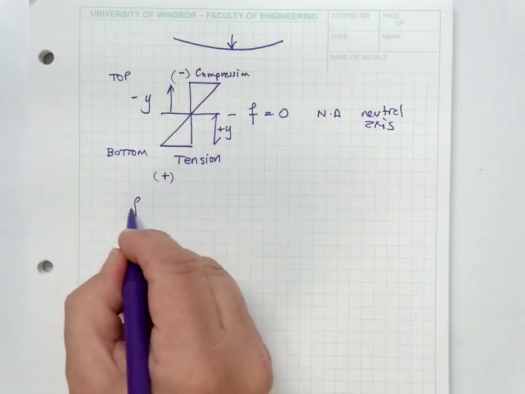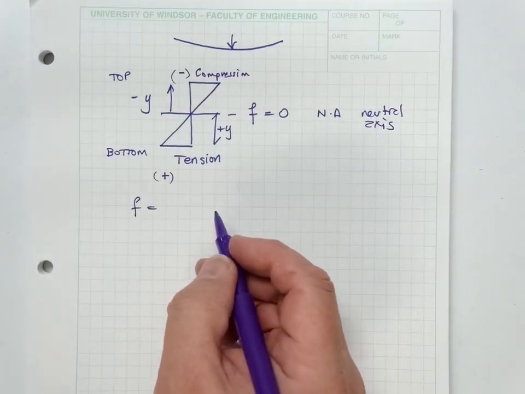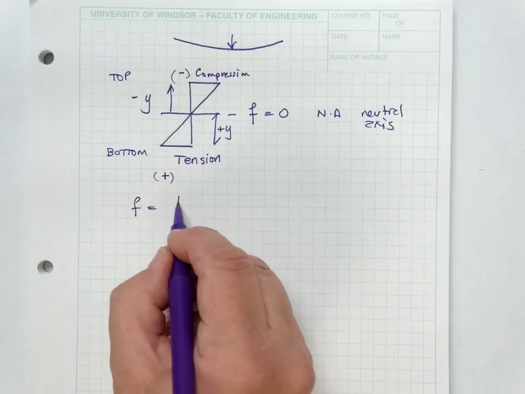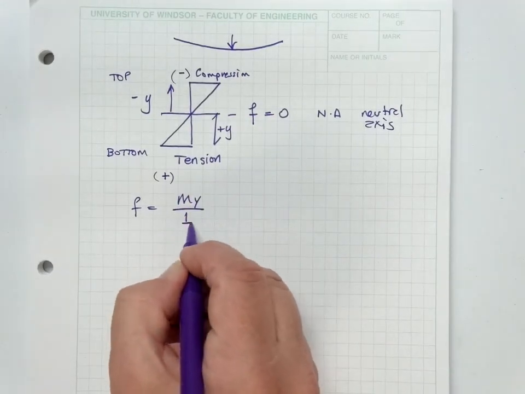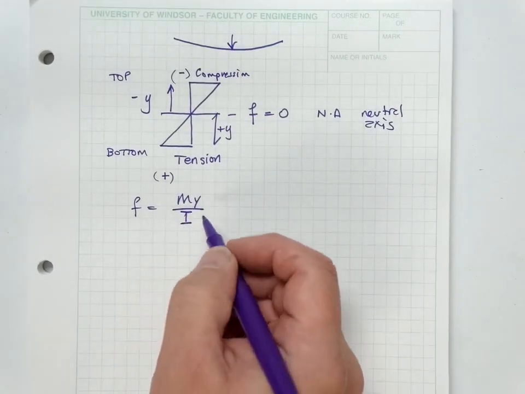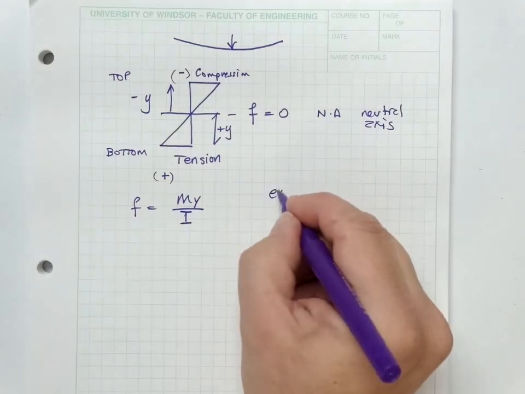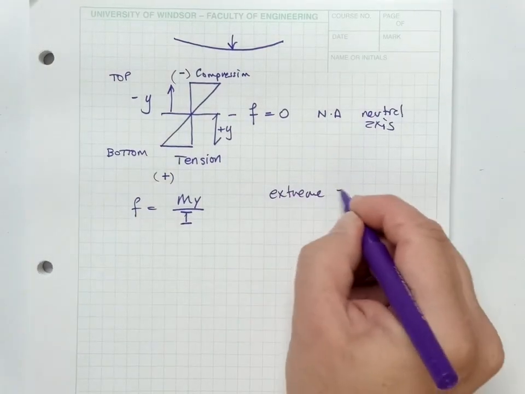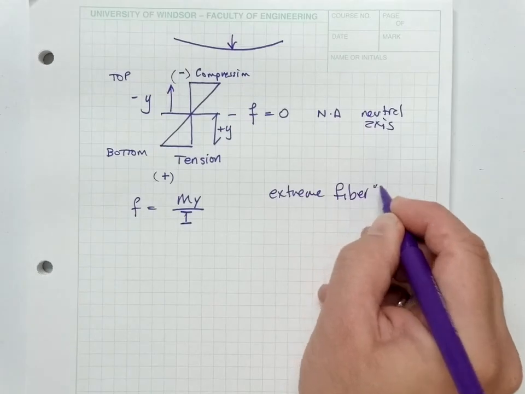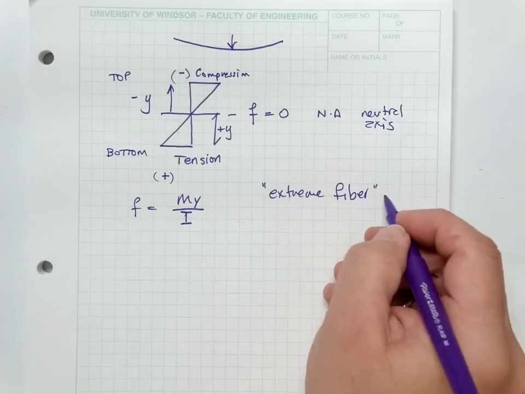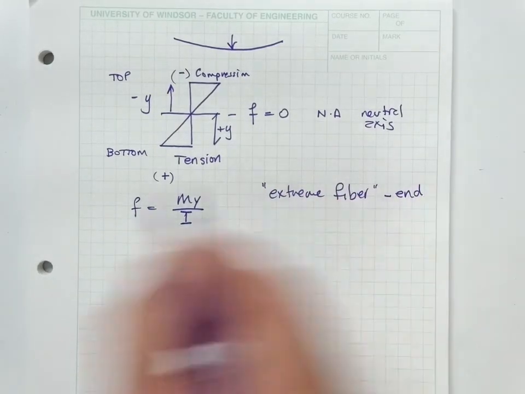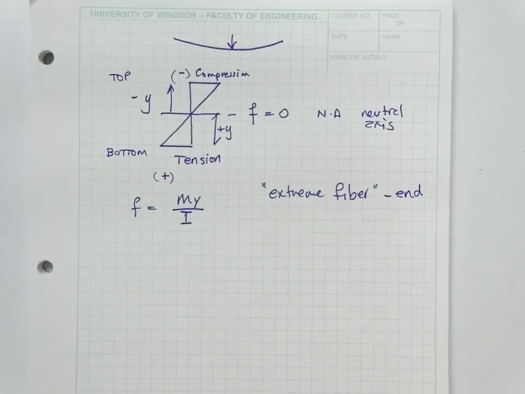What assumption did we have to make? The beam isn't cracked. So, what I refer to as the extreme fiber stress, or the extreme fiber. If this was a piece of wood, in fact, it would be a fiber, and that's how old this type of analysis is.